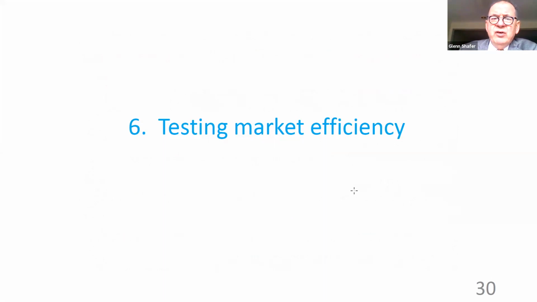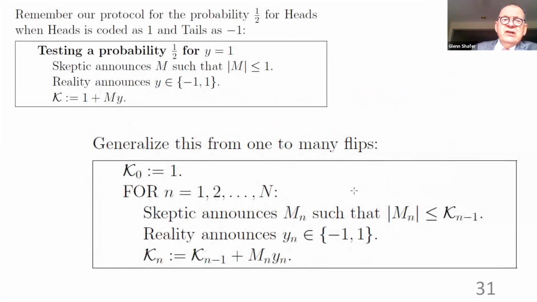So I want to say a few words about testing market efficiency. I won't go into details, but I want to show how it fits into the imprecise probability picture. I don't know if this has become very widespread in the SIPTA community.